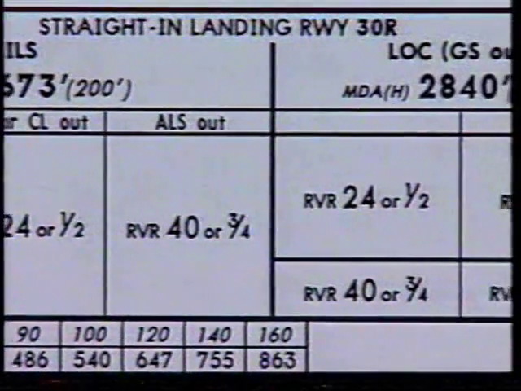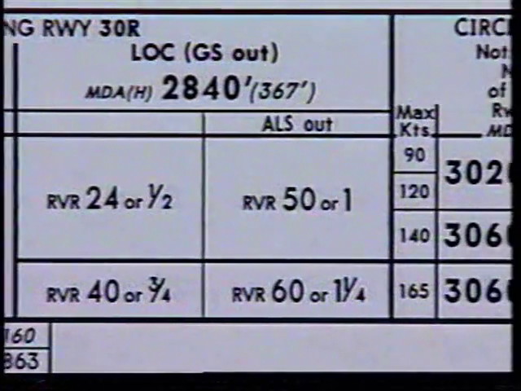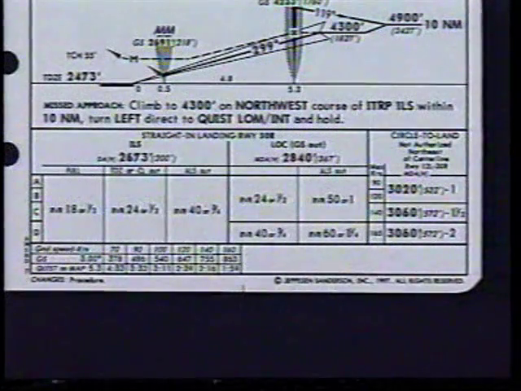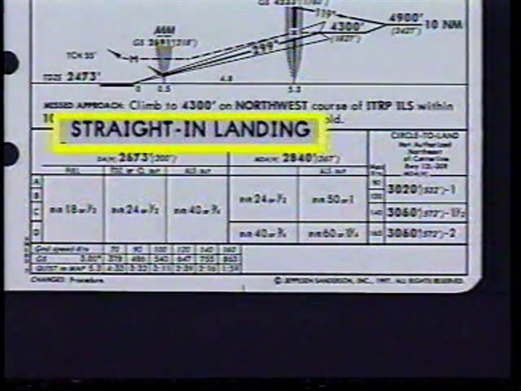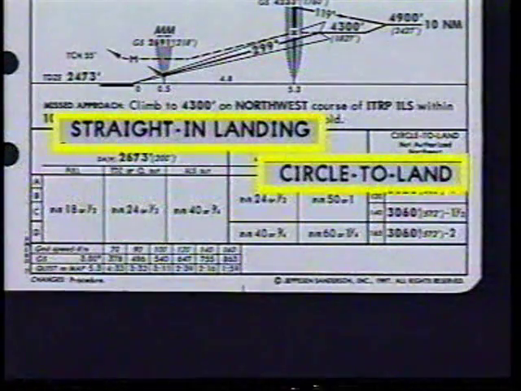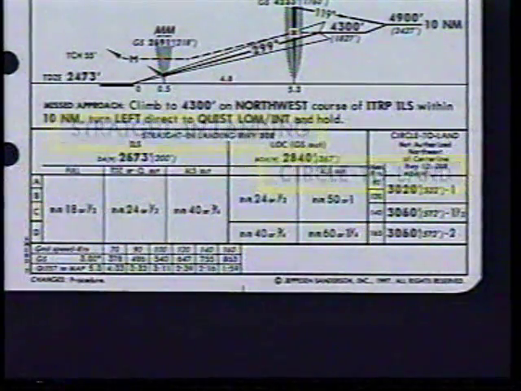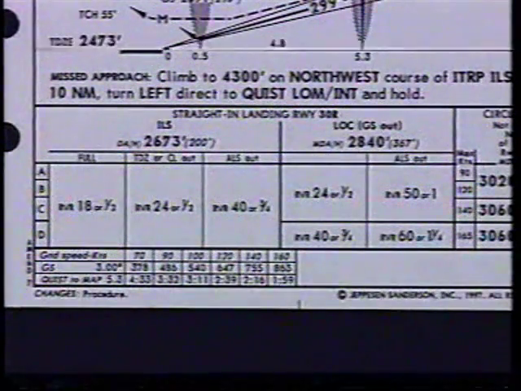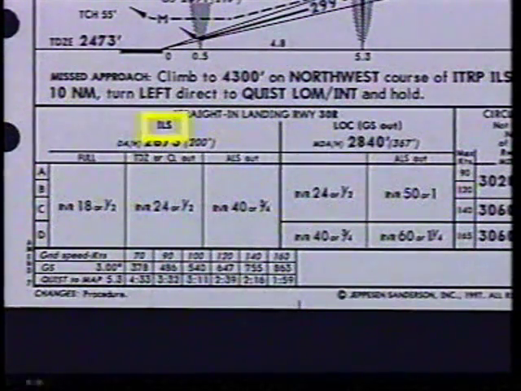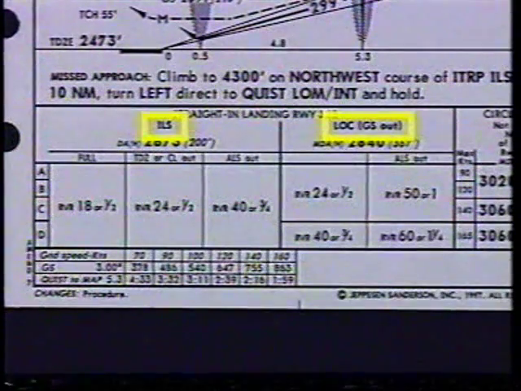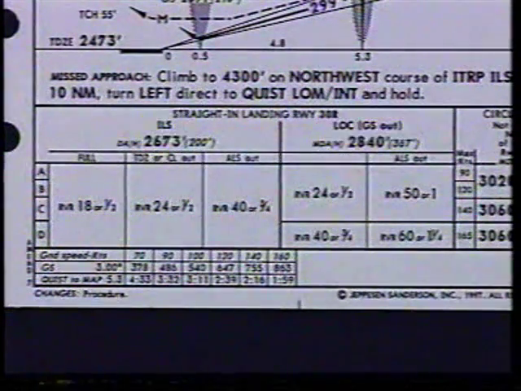As you move to the right, the minimums increase. On most approach charts, the minimums table actually represents two groups: straight in and circle to land. On ILS approach charts, the straight-in landing section is further divided into minimums with and without the glide slope.